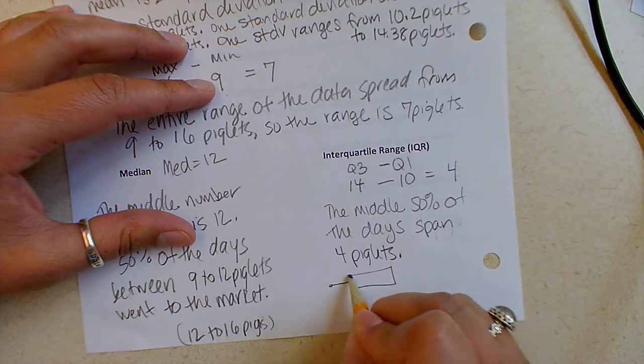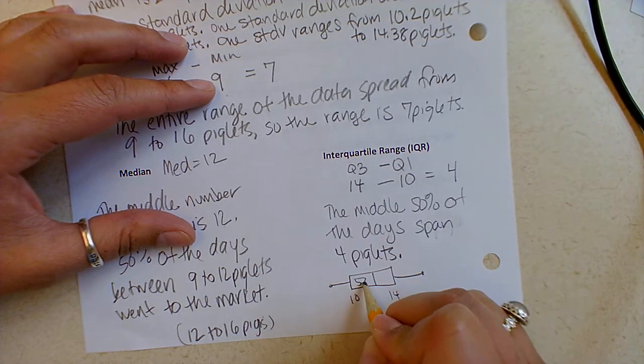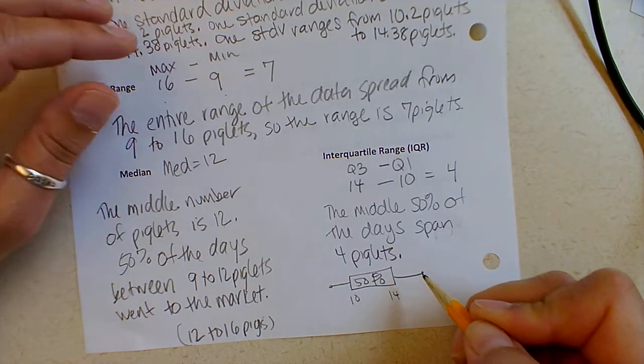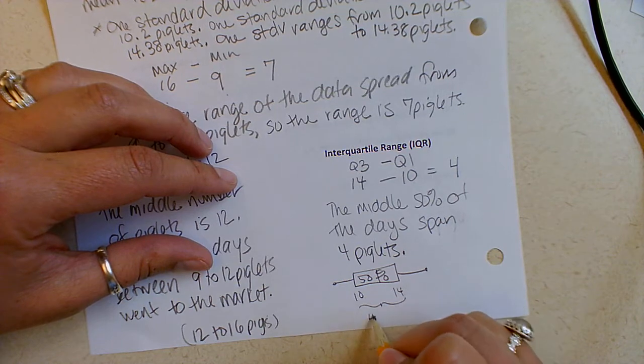So if we were going to do a box plot, this would be 10 and this would be 14. And we would say this is the middle 50% of the days. So it spanned right here 4 piglets.